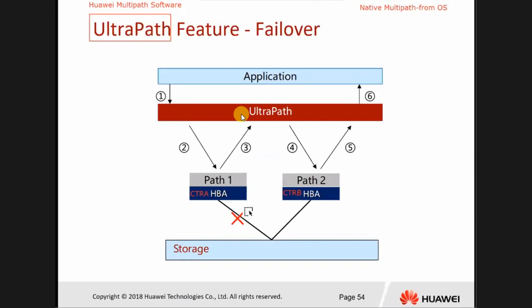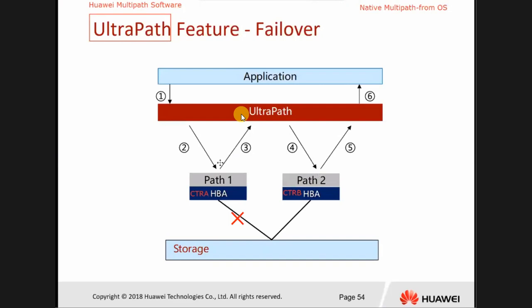But let's say that suddenly the primary path to the storage failed, or your controller failed. When UltraPath sends the signal, it does not receive any reply. Or controller A tells UltraPath, I failed to access the storage. Then UltraPath will do the failover automatically.